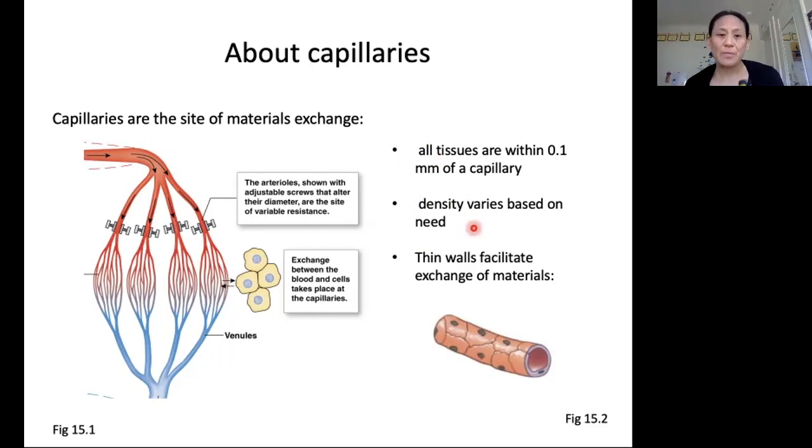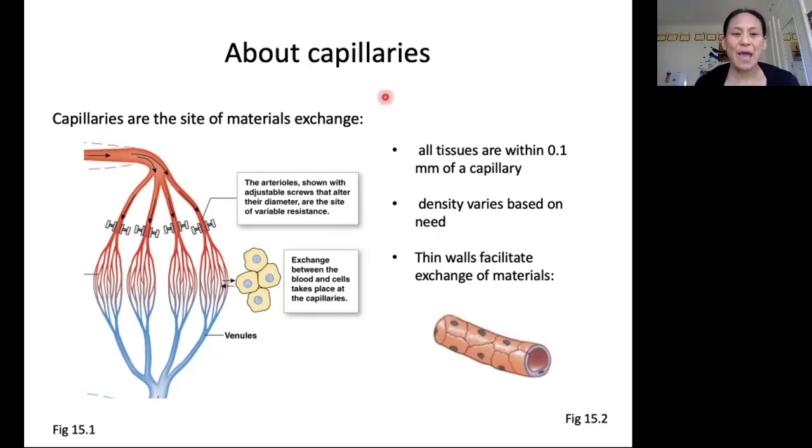The slow twitch fibers needed a higher density of capillaries to bring them oxygen to do their oxidative phosphorylation, whereas the fast twitch fibers didn't need as high of a density of capillaries because they depend more on glycolysis for their metabolism.